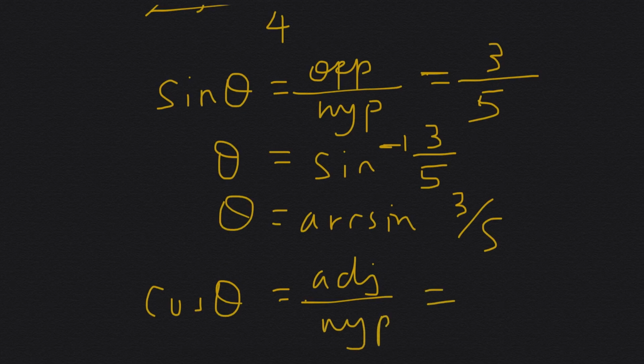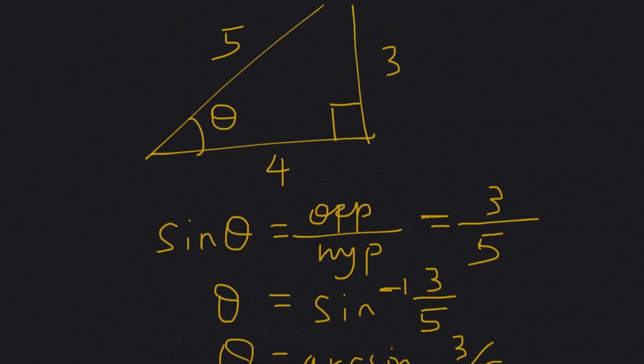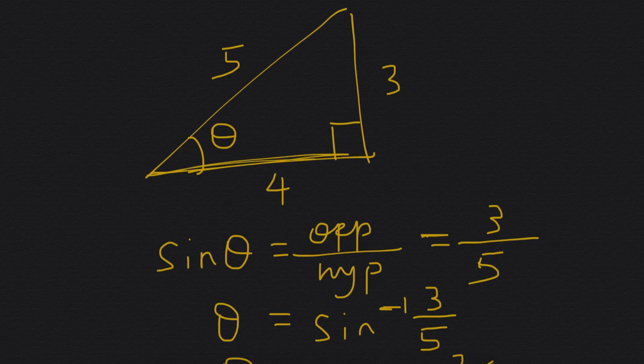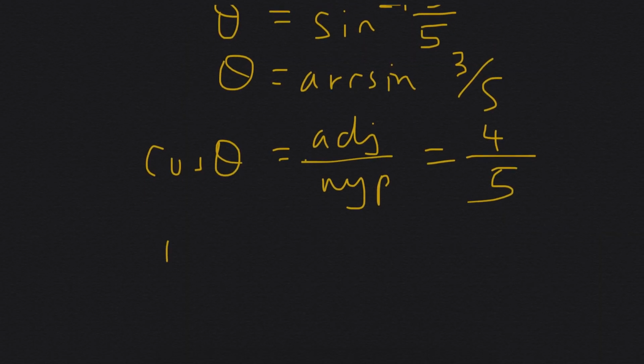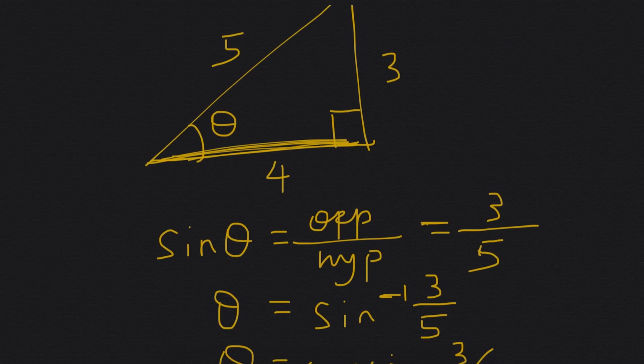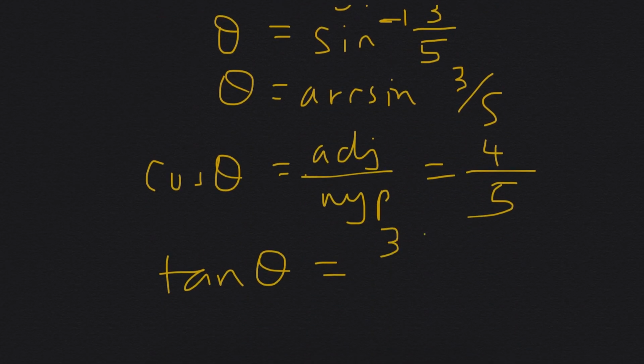So adjacent by the hypotenuse. So in this case, the adjacent is what? It's 4. Adjacent means adjacent to the angle, 4, and the hypotenuse is 5. So 4 over 5. And then we have another one called tangent. So tan of theta is equal to opposite by the adjacent. So that's 3 over 4.